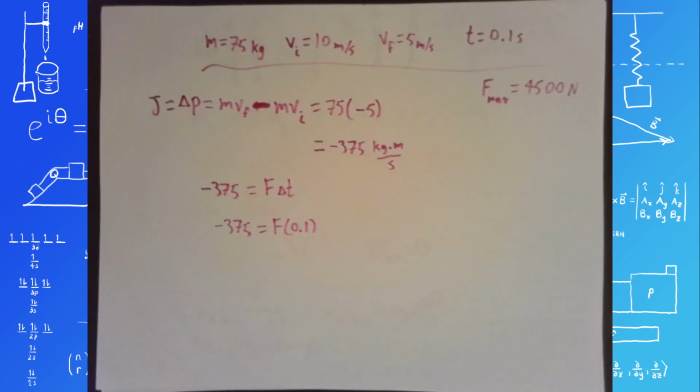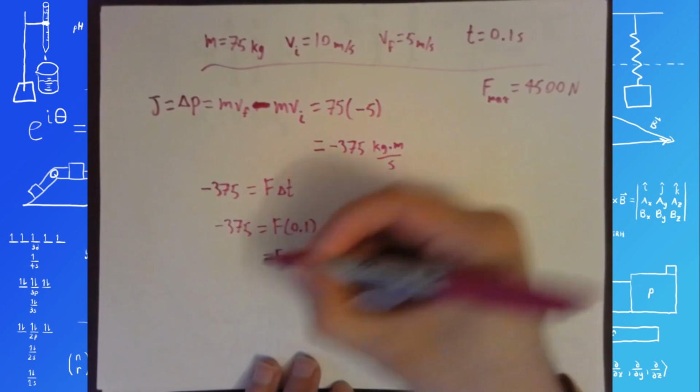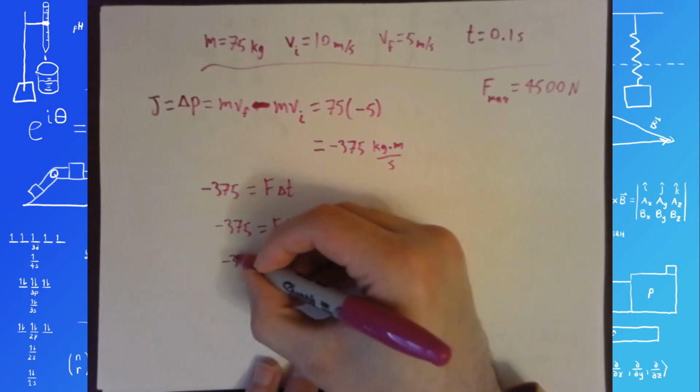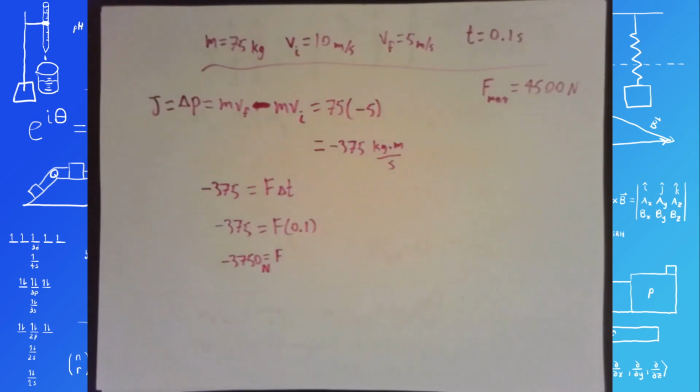Dividing by 0.1 is the same as multiplying by 10, and the force is negative 3750. The negative meaning that the force is opposite to the direction of motion. The magnitude of the force, 3750, is less than 4500, so no, a bone does not break. And that takes care of number 26.